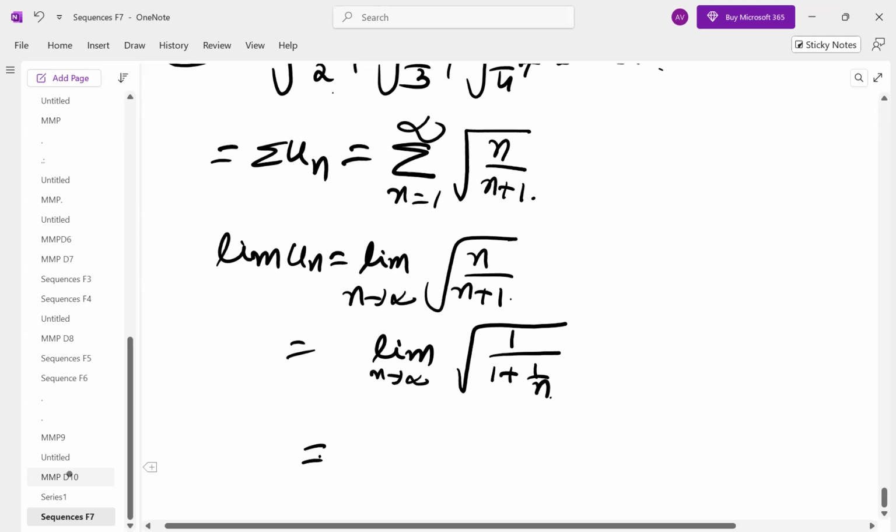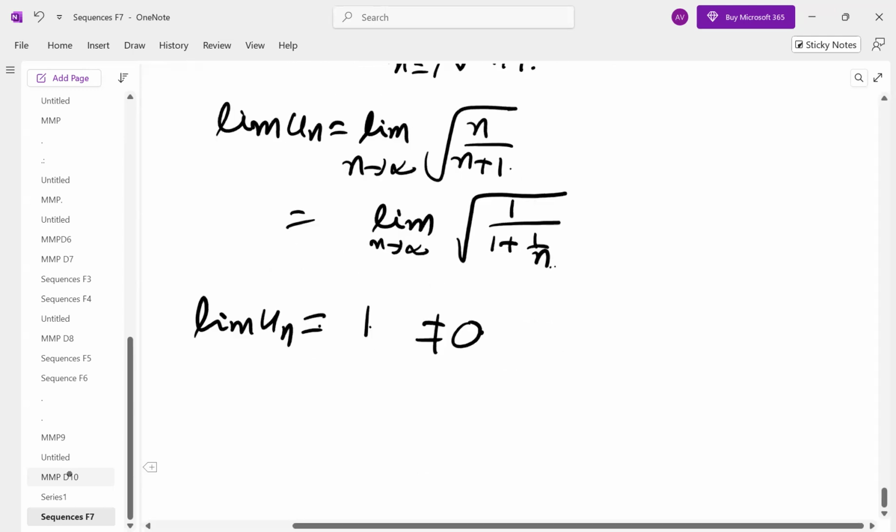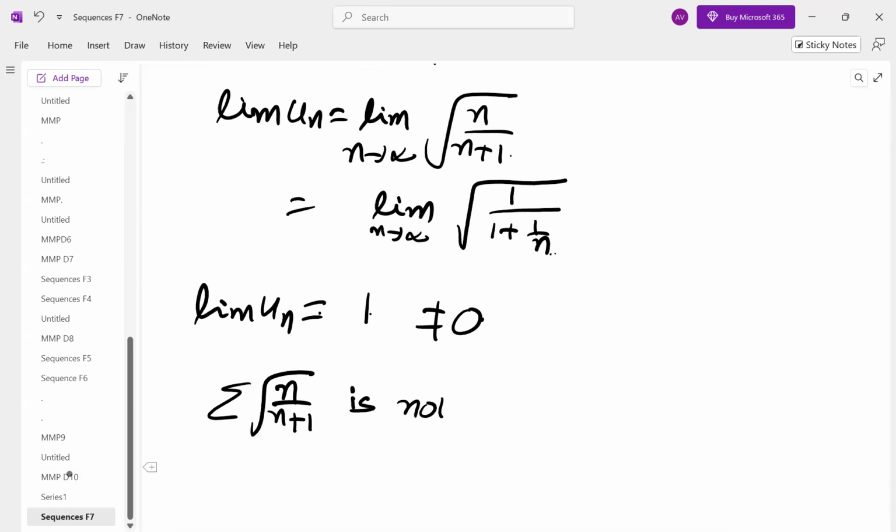This is root of 1 by 1 plus 0. Root 1 is 1, we take only positive. It is not 0. And therefore, the series is not convergent. So apply such simple methods for concluding. If they're all positive terms, you can conclude divergent.